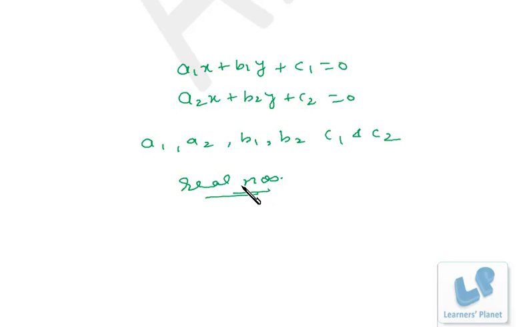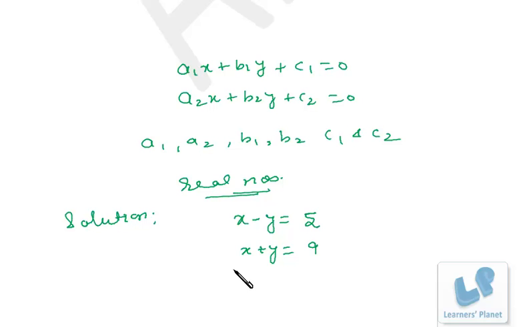Now what is the solution of a system of linear equations? Now friends, it's obvious that we have two relationships among x and y. Suppose I take an example, x minus y is equal to 5 and x plus y is equal to, suppose maybe 9, right?